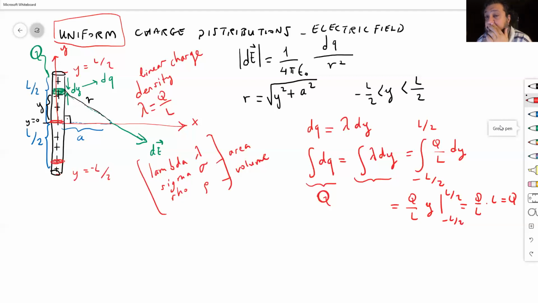So all you have to do now is take that dq and plug it in the expression for dE. But you've got to be very careful here. That expression is only the magnitude. But what we want to find in the end is the electric field as a vector, which means we have to consider the components.